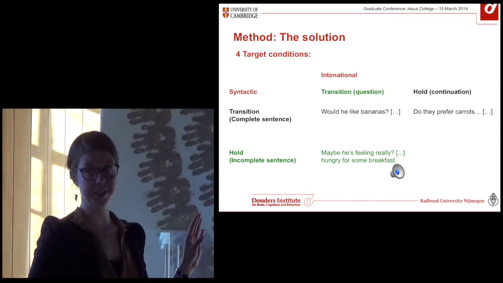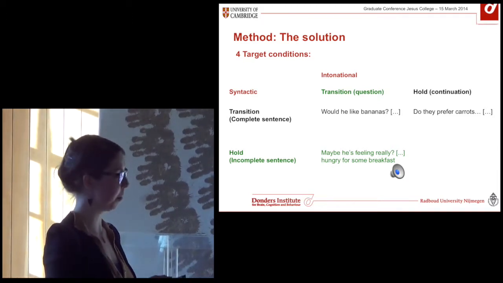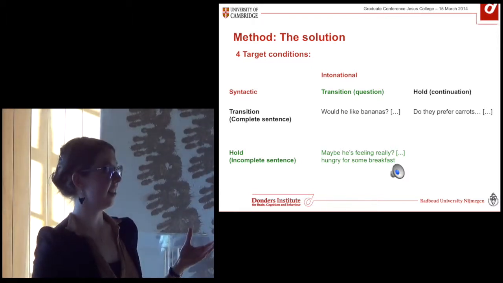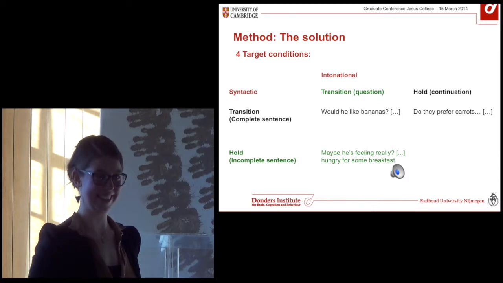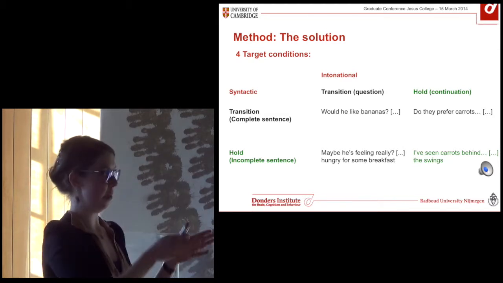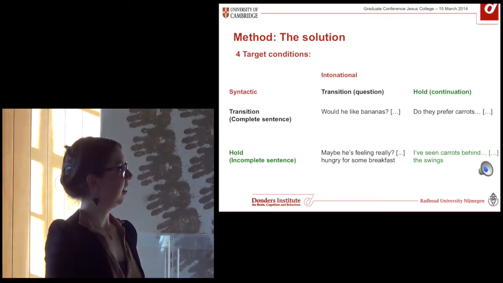Although the sentence isn't finished yet, the intonation says it's a question, so they will look to the other puppet. And then we have the fourth condition, in which the sentence is incomplete, and the intonation is also incomplete. I've seen carrots behind the swings. And at that point, I expect them to keep looking, because both cues say it's incomplete.